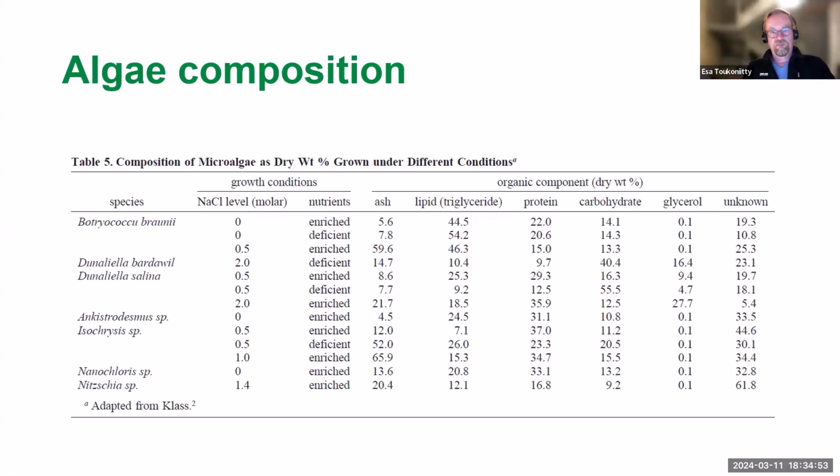And that seems quite high if you compare. I don't have a table now, but it would be interesting to compare how much triglycerides oil-producing plants like coconut or rapeseed or olive contain. That can be found in the textbook, but I haven't got the info here at the moment.